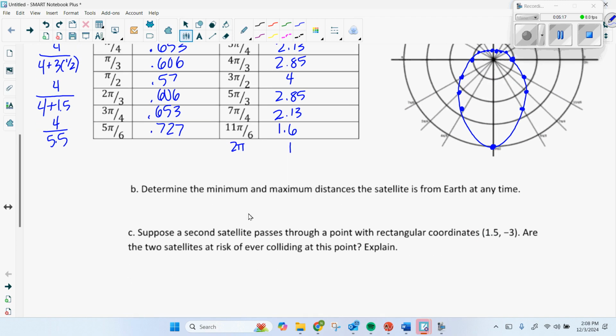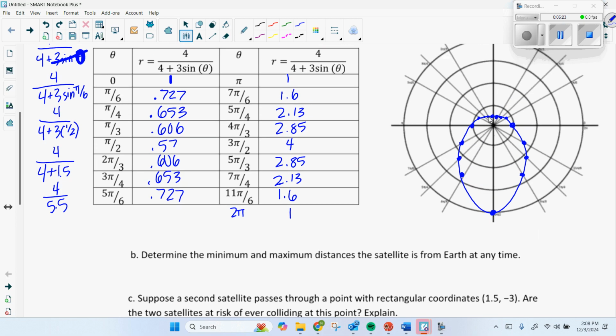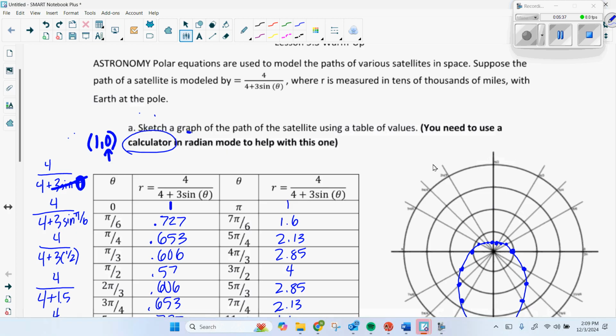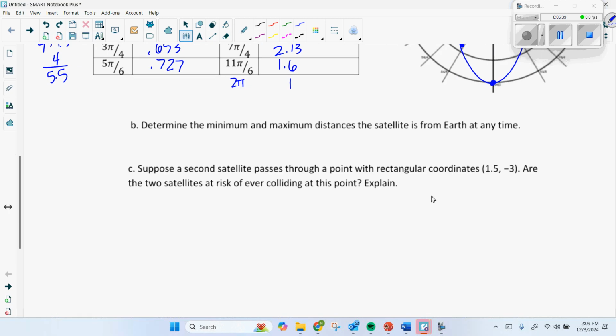Determine the minimum and maximum distances that the satellite is from Earth at any point. So it looks like Earth is right here, at the pole. It looks like the closest it ever is away is 0.57, and the farthest away it ever is is 4. And so remember, up here at the top, they said it was in tens of thousands of miles. So if I'm at 0.57 and it's in tens of thousands of miles, I'm going to move this decimal 4 times.